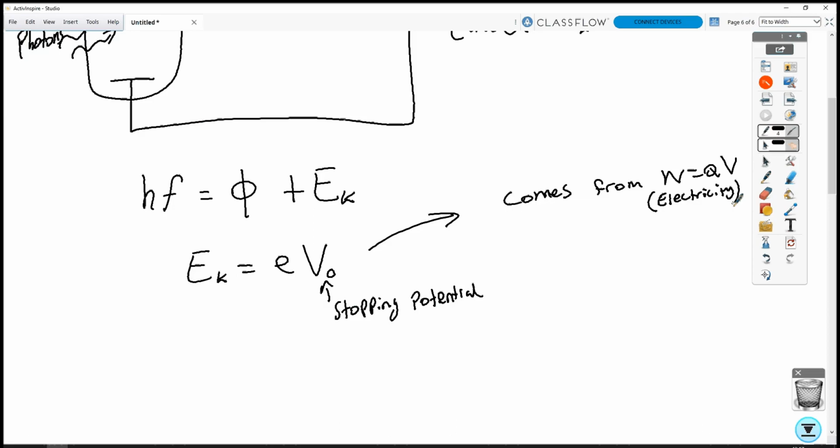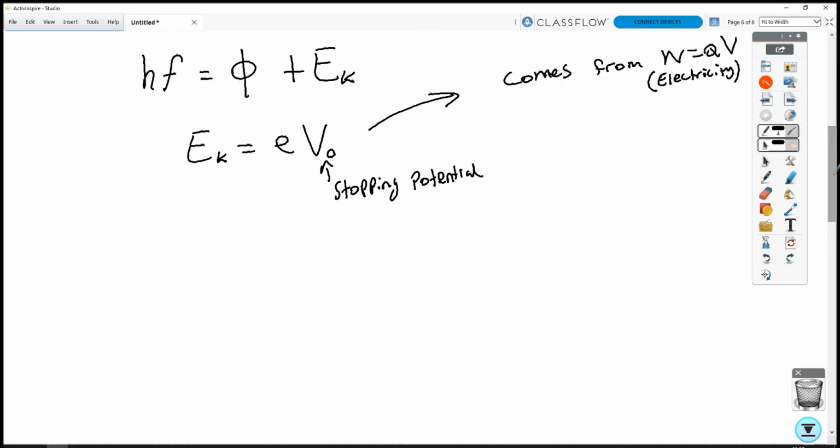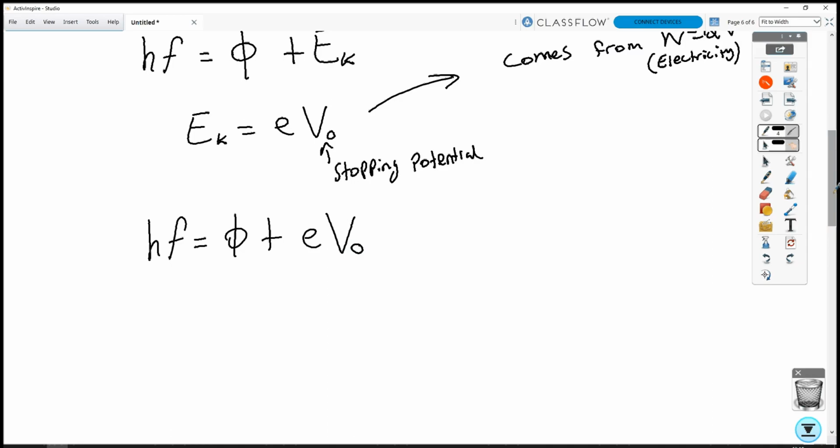Now we substitute that back into the Einstein equation. hf equals phi plus eV naught. So if we wanted to find V naught, we divide everything here by e. That gives us V naught equals hf over e minus phi over e.